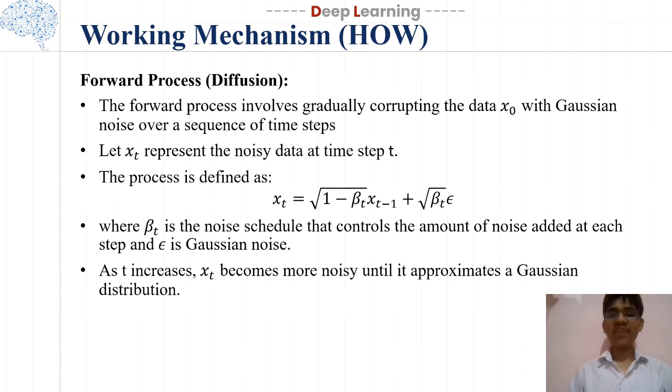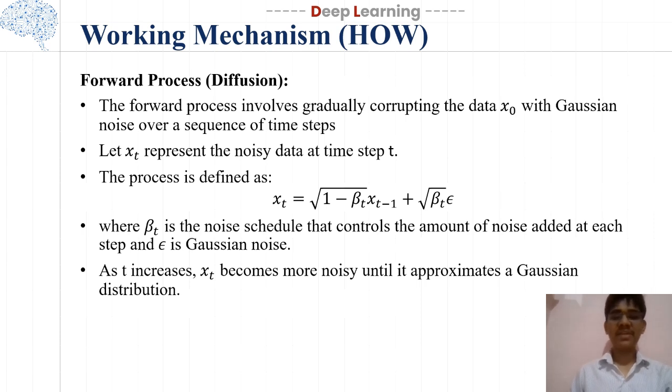Let's look at how the forward diffusion process works. This process involves gradually corrupting the original data, denoted by x0, by adding Gaussian noise over several time steps. We represent the noisy data at each time step t as xt. Mathematically, this process can be represented by this formula. Here, beta t is a noise schedule that controls how much noise to add at each time step, and epsilon represents the Gaussian noise.